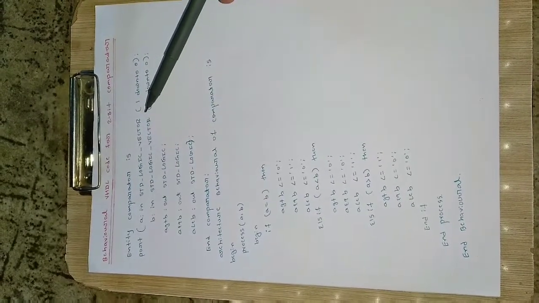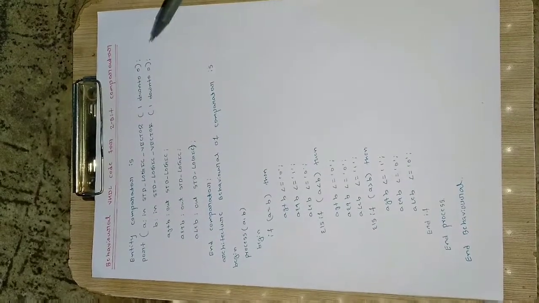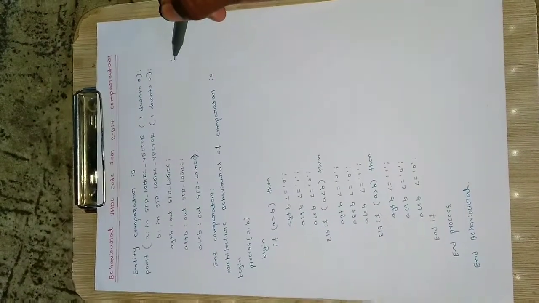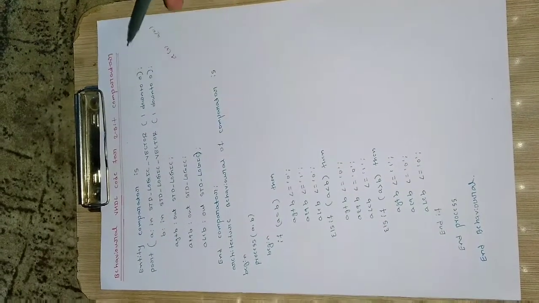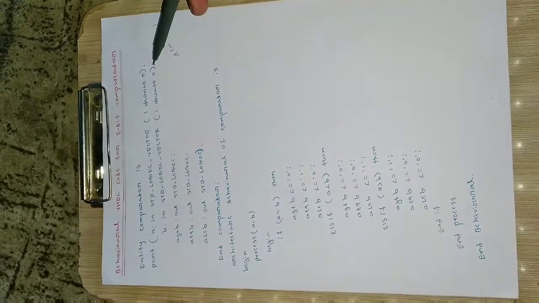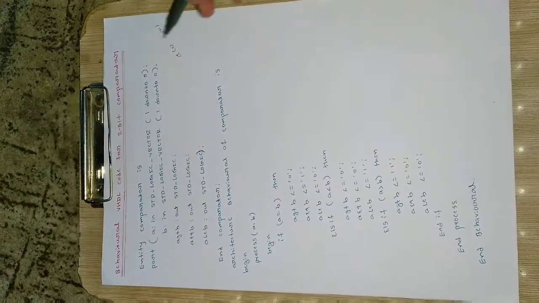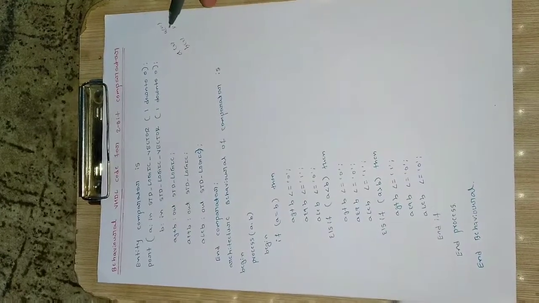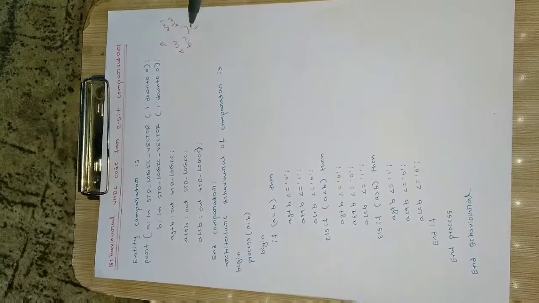As it is a vector, it has A of 1 and A of 0. Similarly B is a standard logic vector 1 down to 0, with B of 1 and B of 0. So these two form A and these two form B.